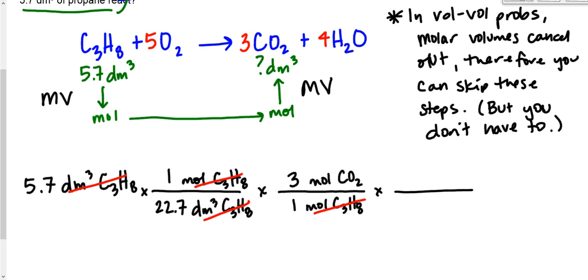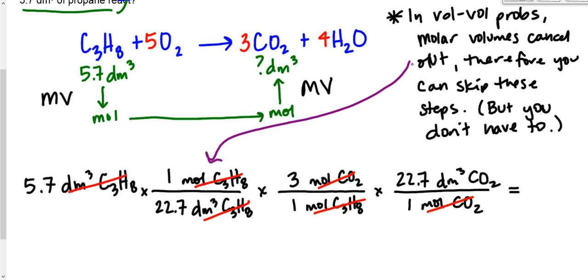And then my last step will be to get rid of the moles of CO2 and convert that to decimeters cubed. For every 1 mole, there's 22.7 decimeters cubed. And here my moles of CO2 cancel out. And I've now hit my question mark, so I'm ready for my calculator. But here's what I wanted to show.